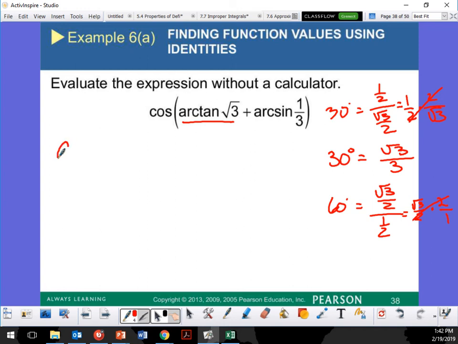So it's looking for the cosine of arctan, which is going to be, so this one's 60 degrees, plus arc sine 1 over 3. Okay, arc sine is going to look like this. So we know that arc sine, so theta, is going to be 1 over 3.